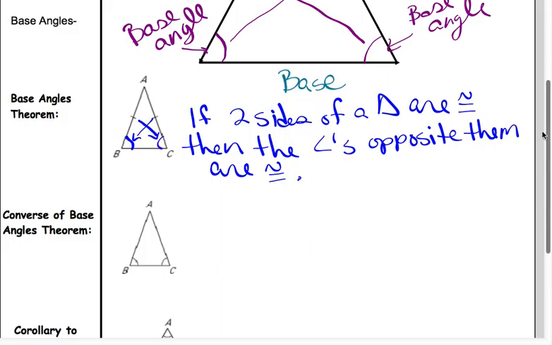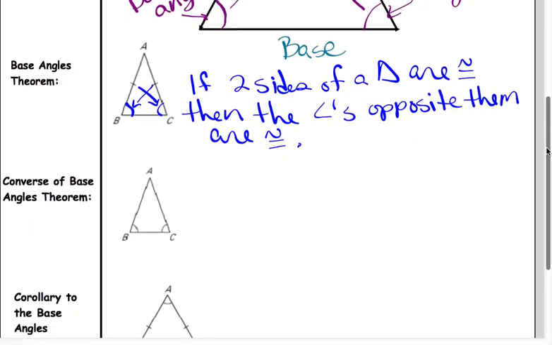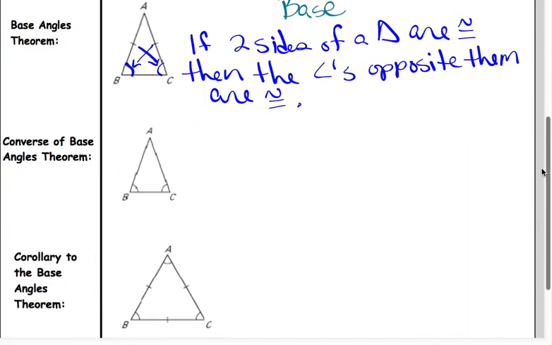The converse of that theorem, we know what a converse is. It switches the order of an if-then statement. You can see the if and the then in this statement here. So it goes in reverse order of what I had just put.